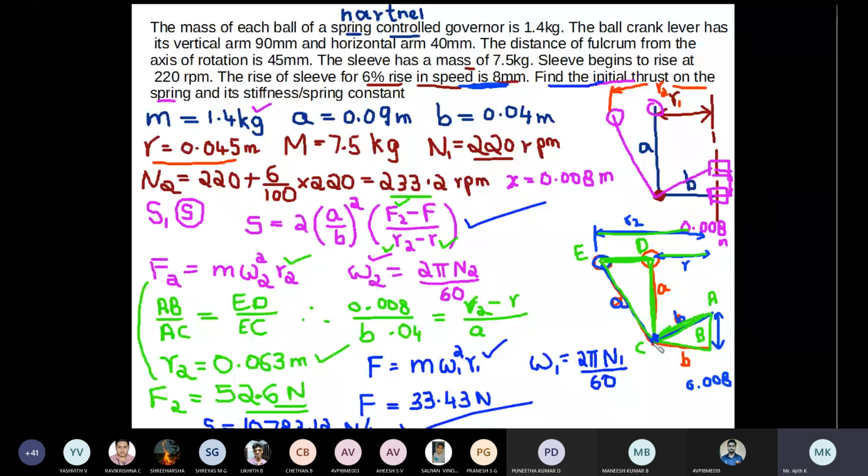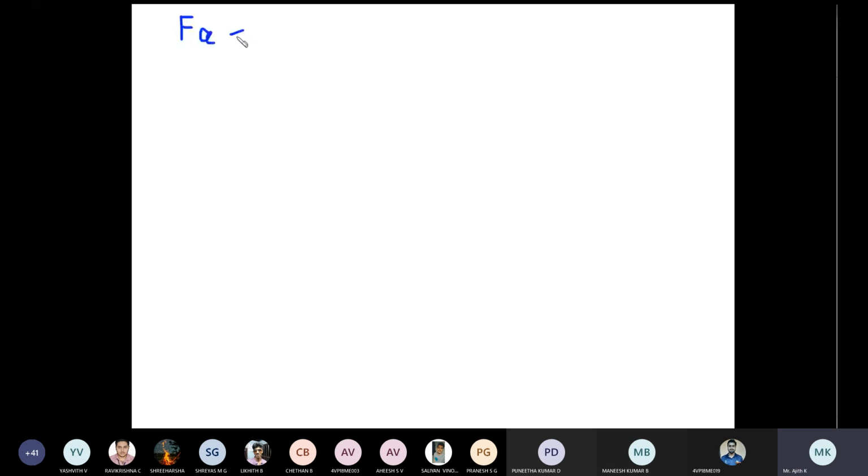So when you take moment, force F will be acting. Force into perpendicular distance A. You can refer diagram in your notebook. F into A is equal to W plus S1 divided by 2 into B. Substitute all the known values. What is F1? F or F1?